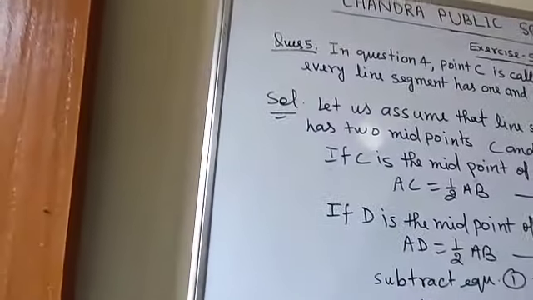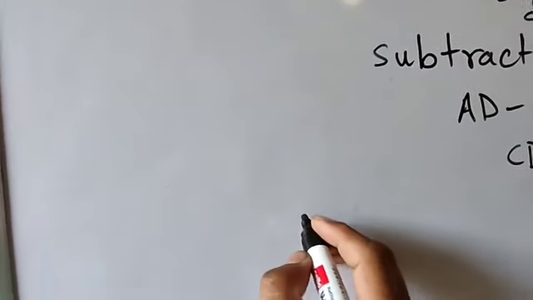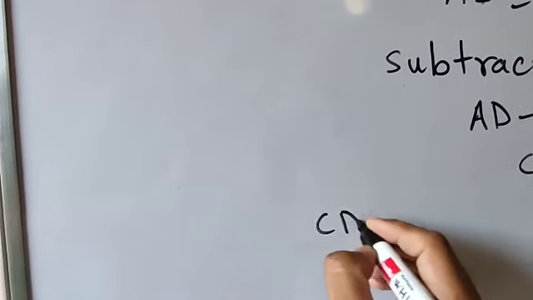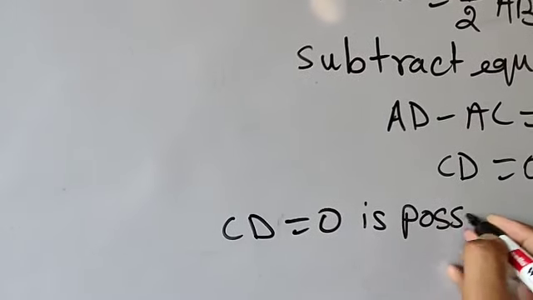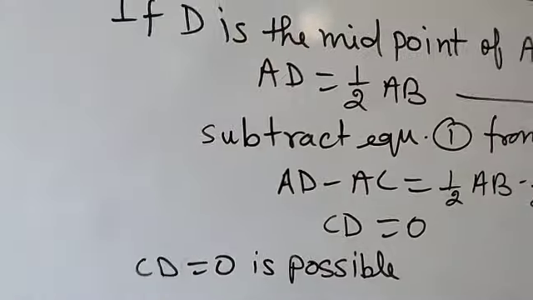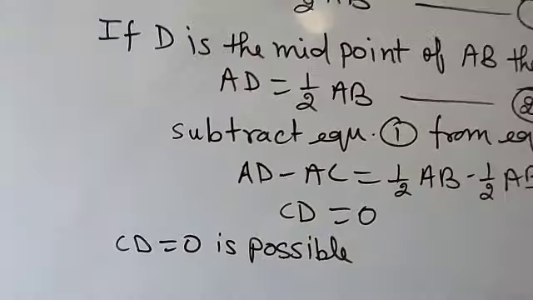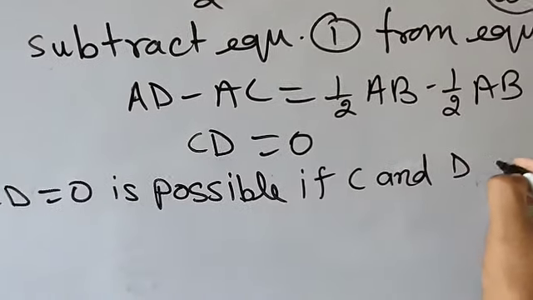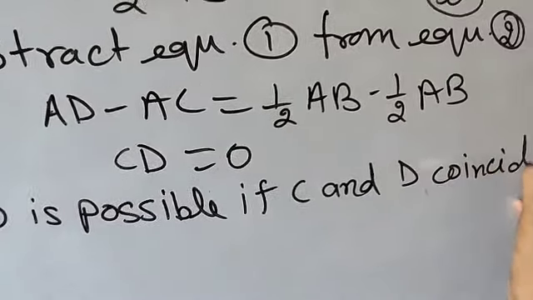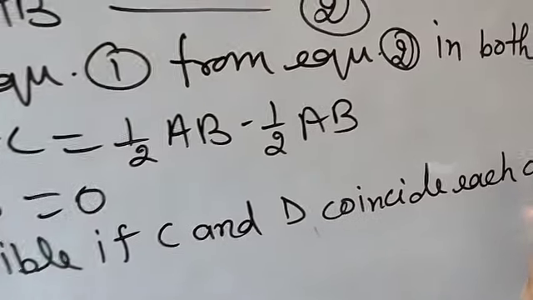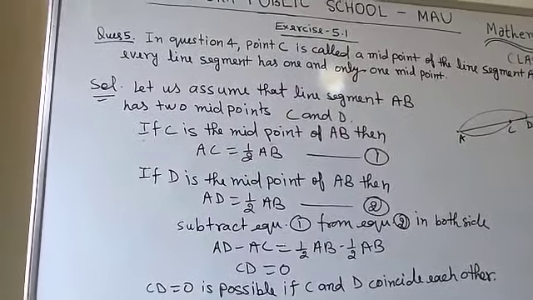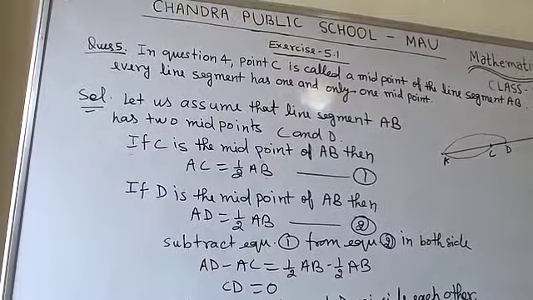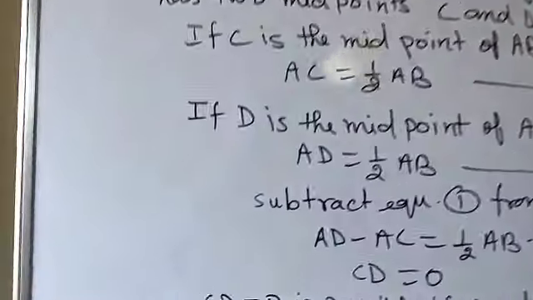So here you can write CD equal to 0 is possible if C and D coincide each other. That is only possible when C and D coincide each other. So what does this mean?